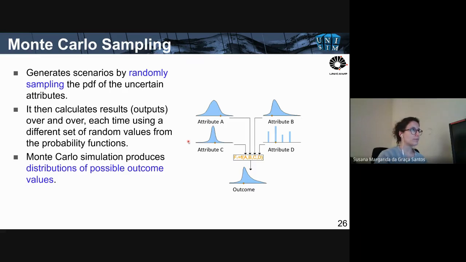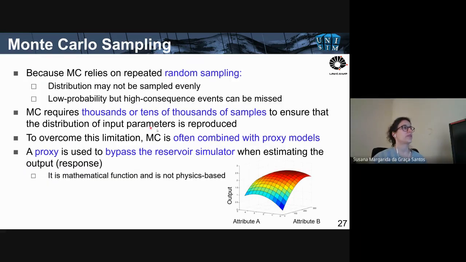So that's why Monte Carlo requires running thousands or tens of thousands of samples to ensure that all of that is totally covered. Because it's very difficult to simulate tens of thousands, many times we use proxy models.